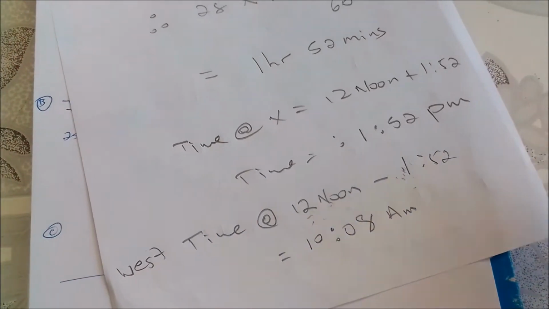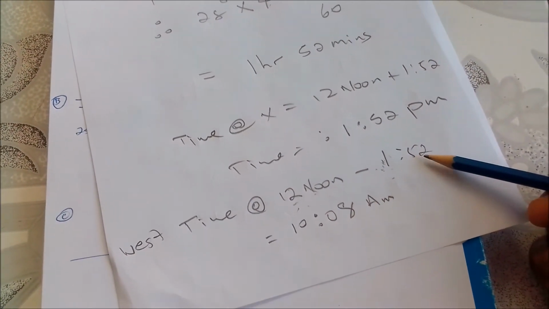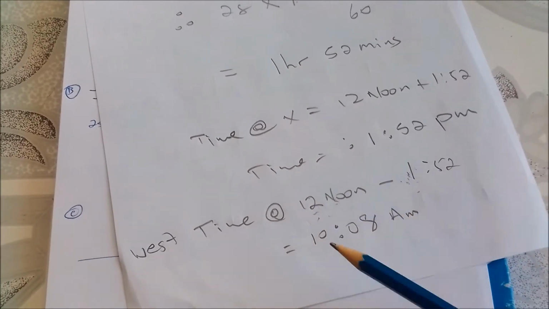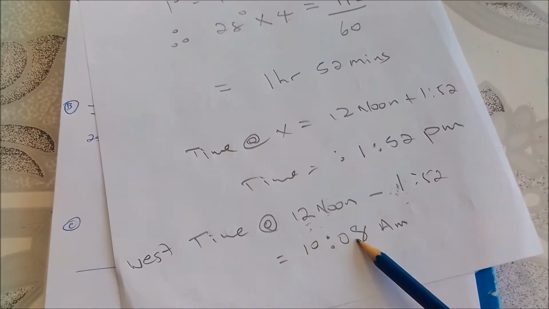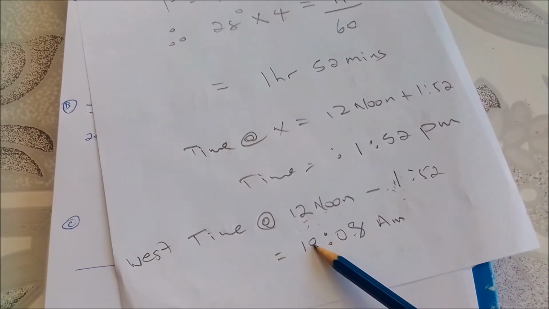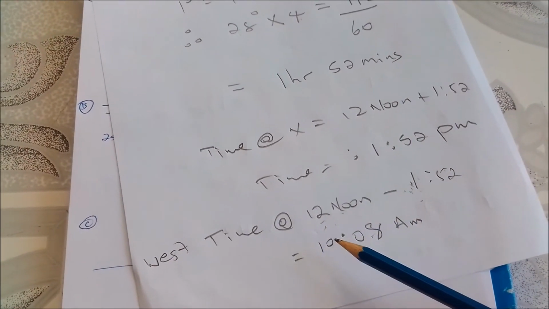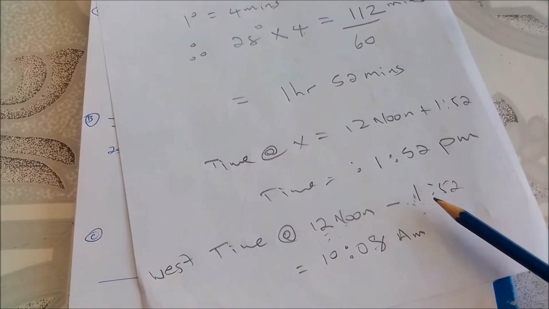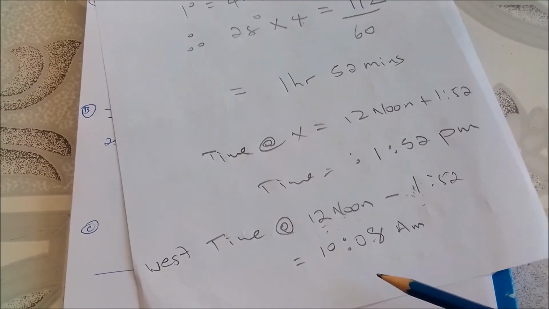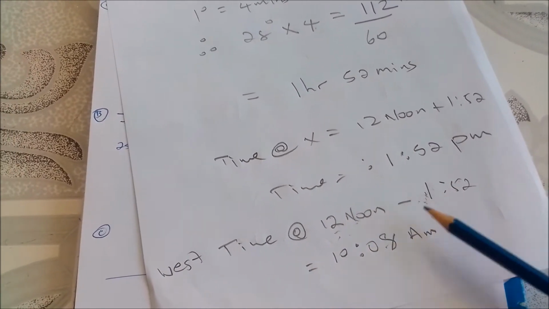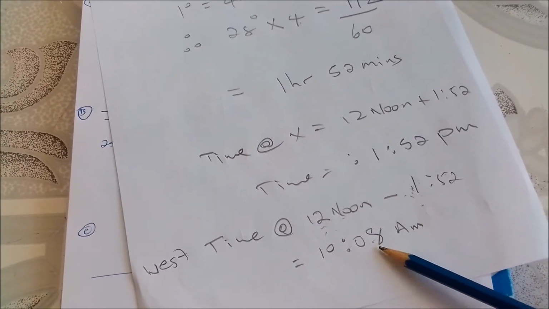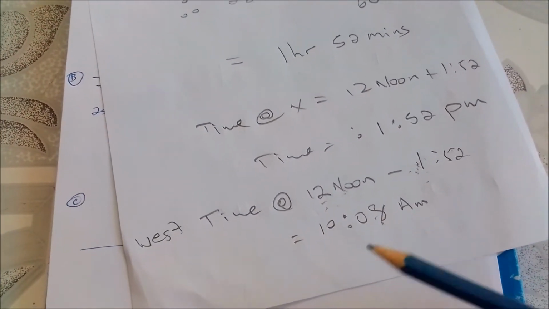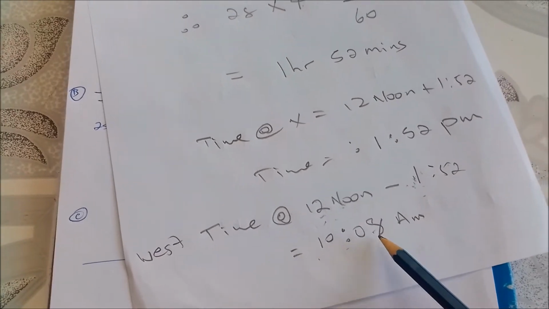Whatever you have here, you minus it from 60, and then you put it back beside. So when I minus that, I get 8. So it is 10, because the 60 will be the next hour, between 10 and 11. When I minus that, I get 8 left. So it's only 8 minutes left out of the next hour. That's the reason why it is 10:08.